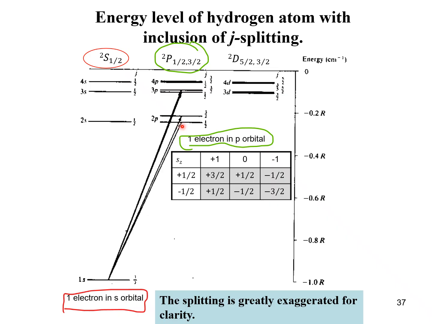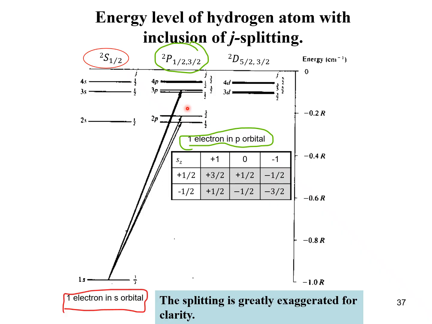And due to the effect of spin-orbit coupling, the p orbital is split into two different levels, which are doublet P 1/2 and doublet P 3/2. This means that the electron from the 1s orbital can land at doublet P 1/2, or at doublet P 3/2.